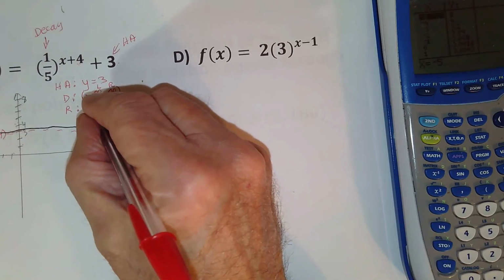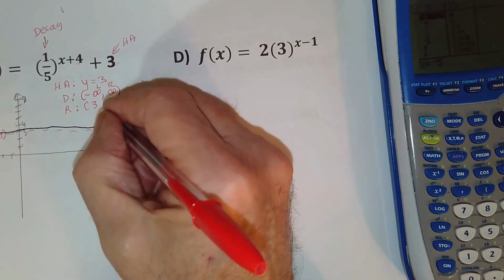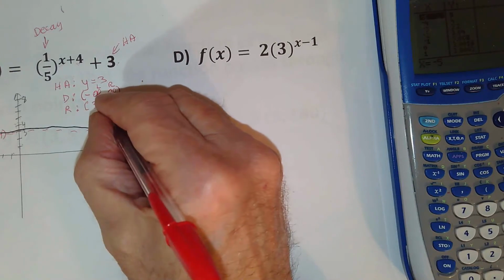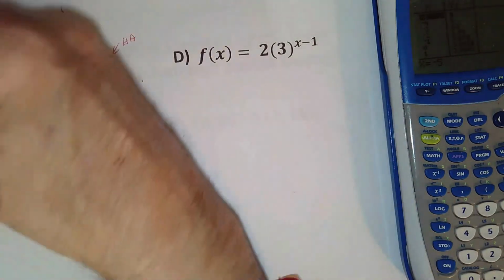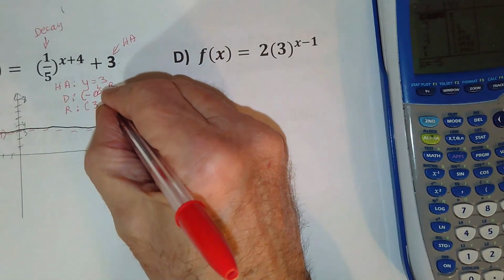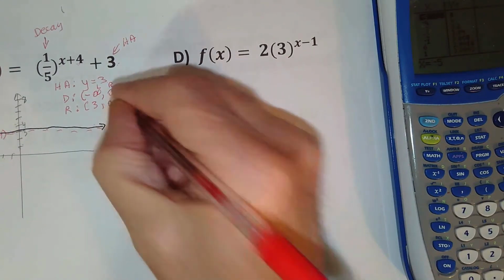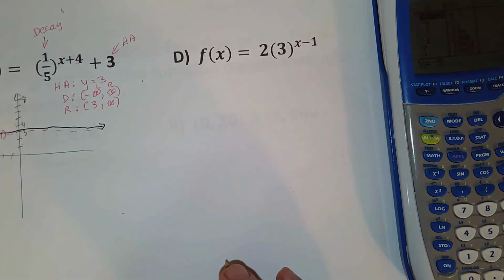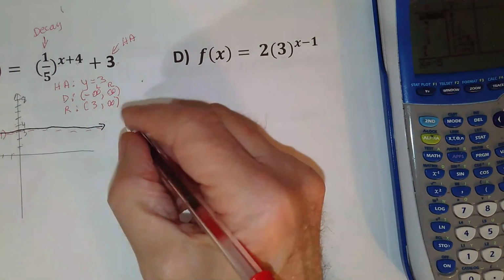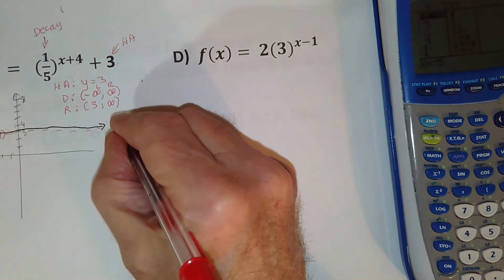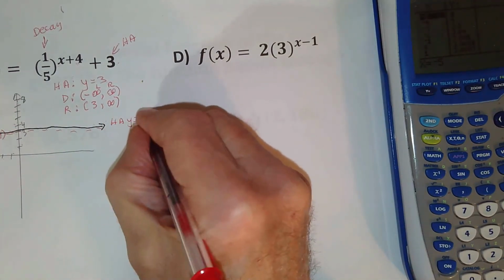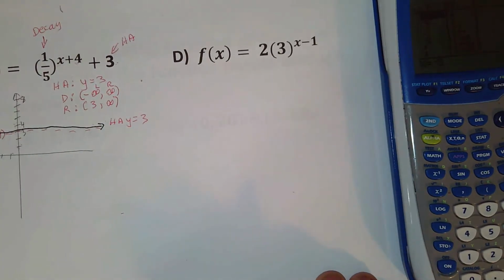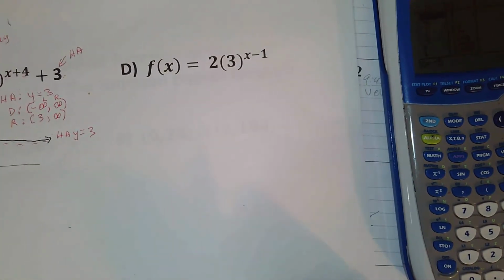So that's going to be 3, because the horizontal asymptote is 3. And then it keeps on going up. So it goes off to positive infinity. Okay. So horizontal asymptote, y equals 3. All right, so that's all you need to really know for that one.